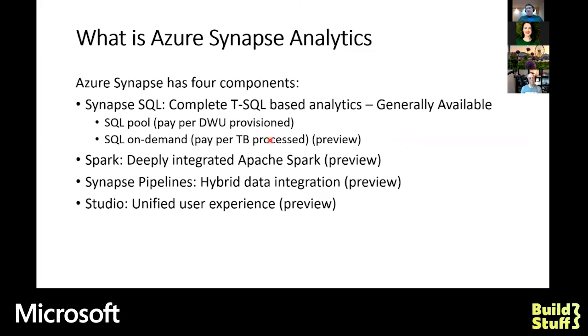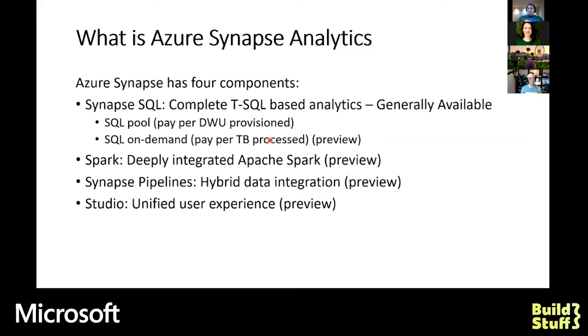So we believe at the end of this year, it will be generally available, and of course, we will immediately put it into production. And then you can build a pipeline, the entire pipeline I showed you on the previous slide. It's called Synapse Pipelines. And to make sure that you can code efficiently, there is Azure Synapse Studio, which is also in preview, but it really doesn't matter because I can show you the code right away.